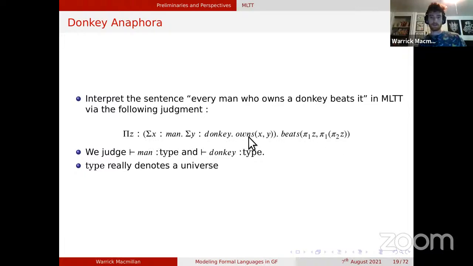So the man beats the donkey. So this is just an example. We don't have to understand it, but it's famous and it's relevant for this because it led to GF being created.